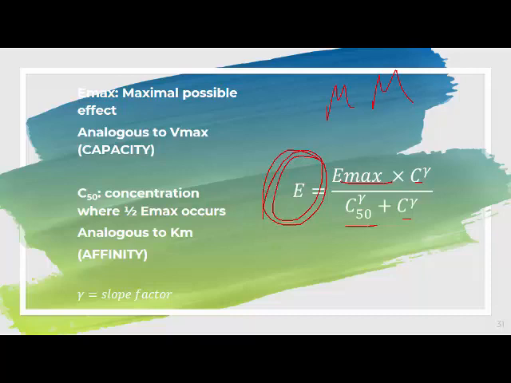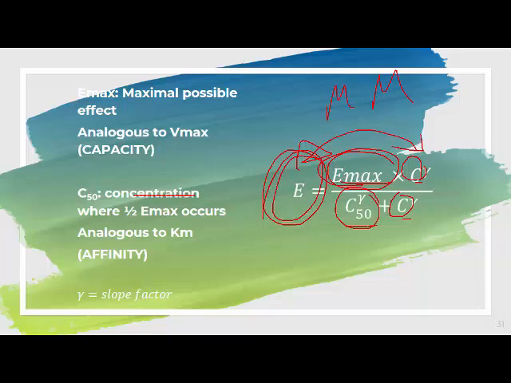Because we have a fixed number of receptors, so our Emax is our maximum effect. If you want to think of a receptor situation, it's the number of receptors available for an effect to occur. Concentration is the concentration of our drug, so it's all about this relationship between concentration and effect. Concentration determines effect, right? So we have Emax and C50, just like we would in any Michaelis-Menten situation.